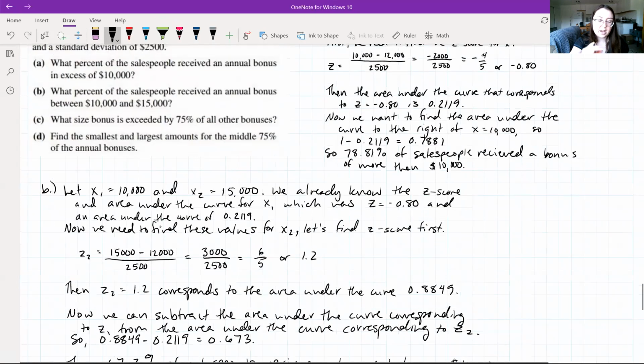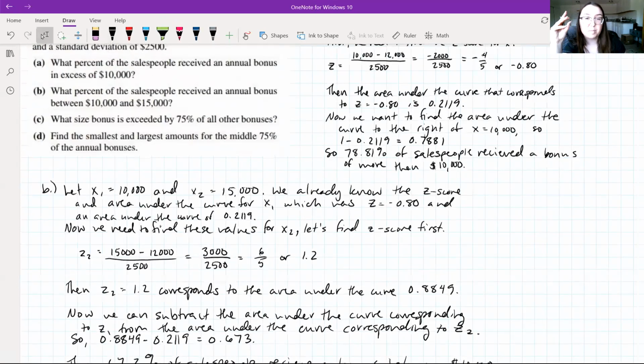And this is because we're asking for the smallest and largest amounts for the middle 75% of the annual bonuses.